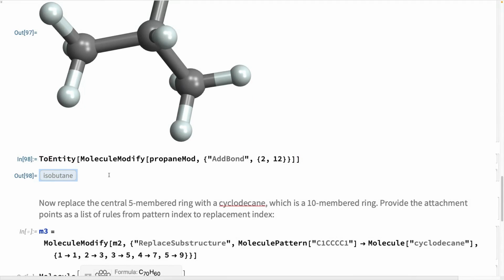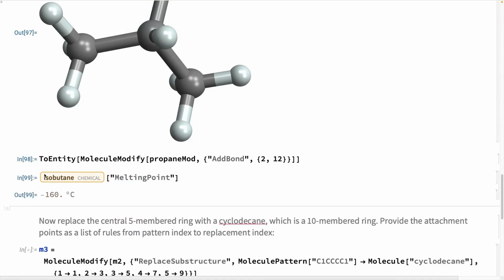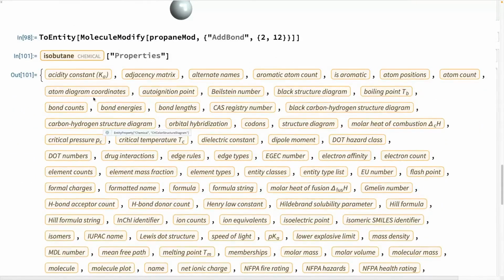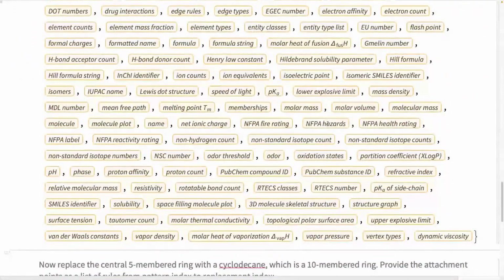And it's isobutane. So then we have isobutane, and we can do things like, I don't know if melting point is a thing that makes sense for this. Apparently it is. Gas at STP, then, you can ask any sort of thing you want about this that has all these different properties, right? Quite a few.